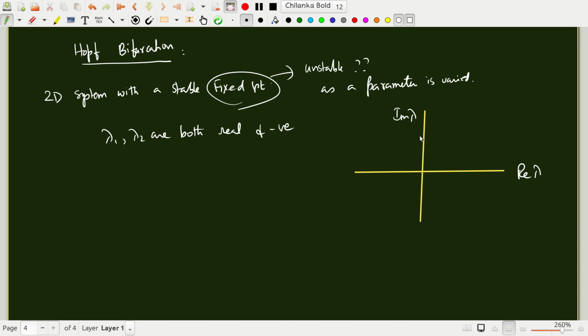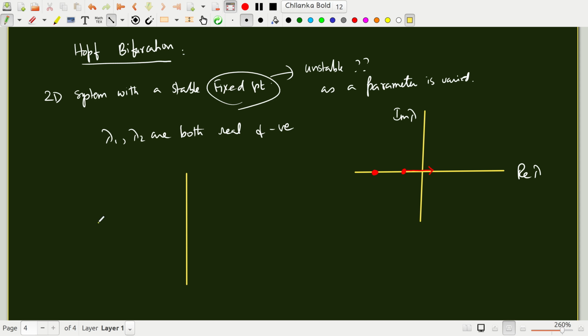So if both the eigenvalues are real and negative, one of them will slowly cross 0 as you change the parameter. This is the usual bifurcation that we have understood already in the context of 1D systems.